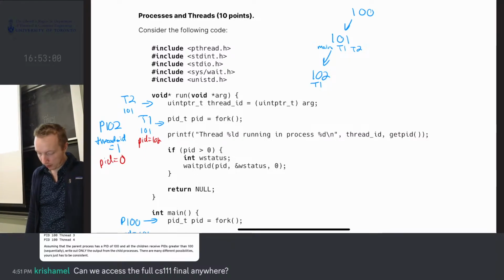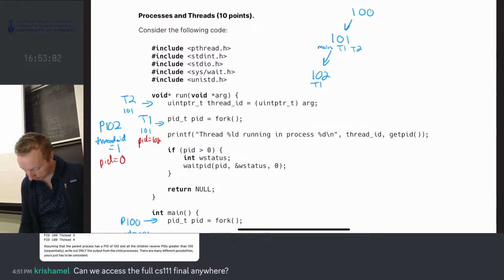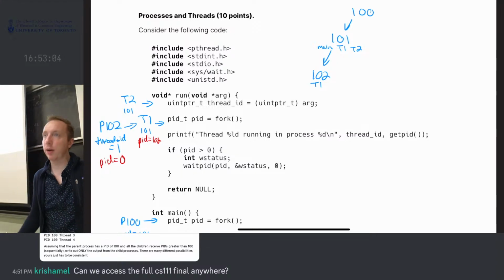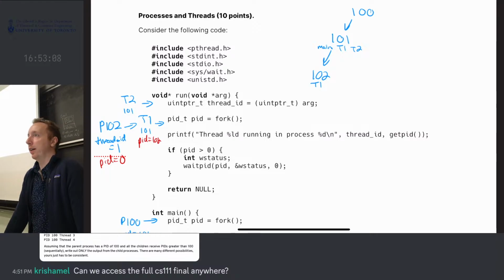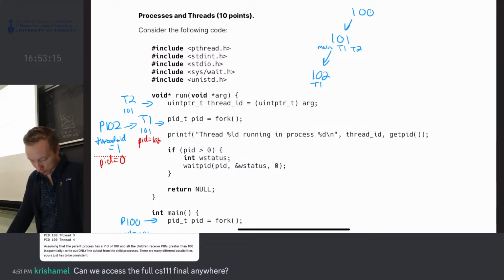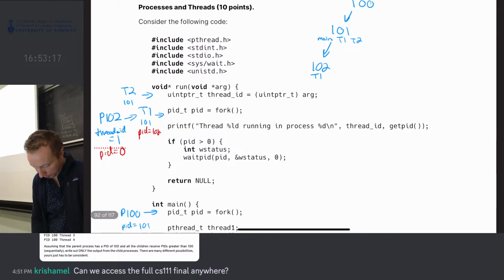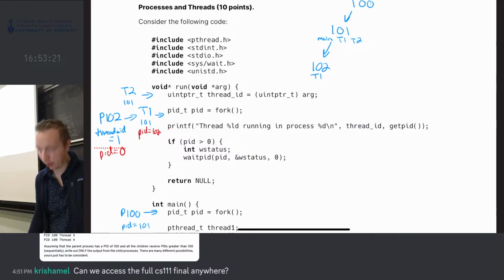So now at this point, do I know if process 102 is going to run or thread 1 in 101 is going to run? No idea, up to the gods. So which one do you want to do? 102? All right. So 102 will execute this print line. What will we see in this print line?